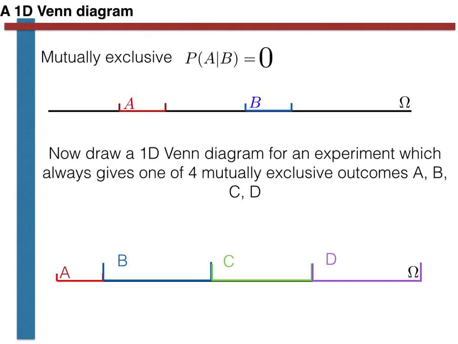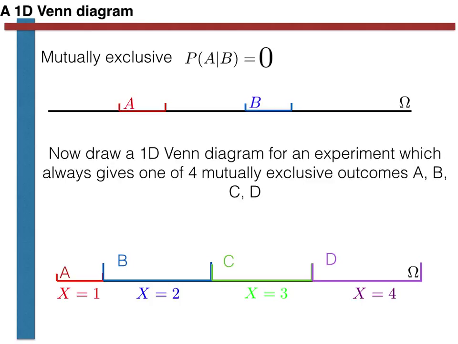Furthermore, if you remember from our previous videos, we can represent the outcome of an experiment that gives one from amongst a set of mutually exclusive outcomes using a random variable, only if these events are mutually exclusive. Hence, in this example, we can rename our events A, B, C, and D using a random variable capital X, which takes value 1 when A happens, value 2 when B happens, value 3 when C happens, and value 4 when D happens.